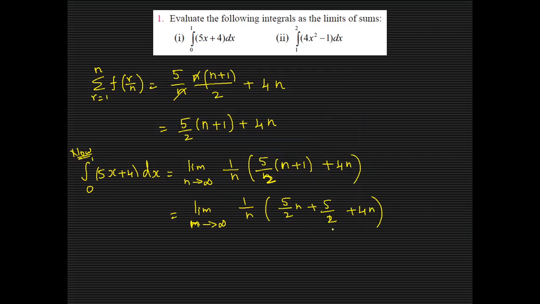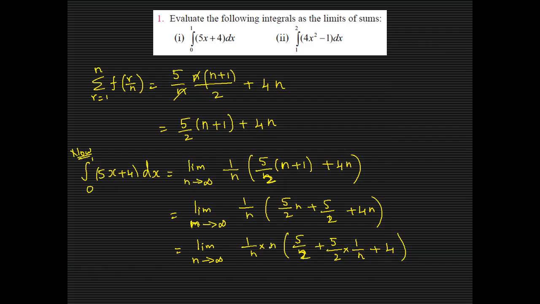Okay, so we'll have it like this, and then what I'm going to do is take n outside. 1 by n into, let me take n outside of this bracket, so it will be 5 by 2. If I take n outside, you will get 5 by 2, plus you don't have n here, so I'm going to multiply it by 1 by n, plus 4.